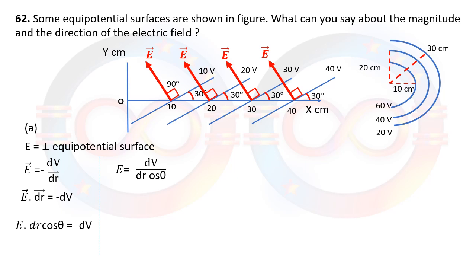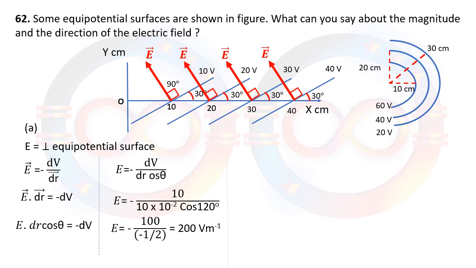If you talk about the angle here, it is nothing but 120 degree with x-axis, 30 degree plus 90 degree. So cos 120 degree value is negative half. So after simplifying this calculation, the electric field would be 200 volt per meter at an angle 120 degree with the x-axis. So that is the answer for part A.